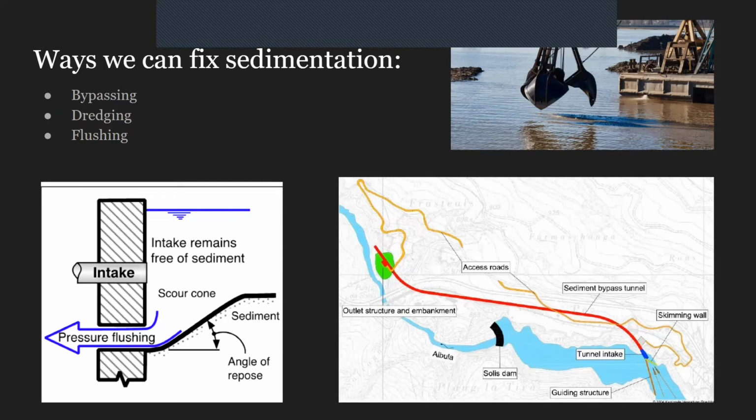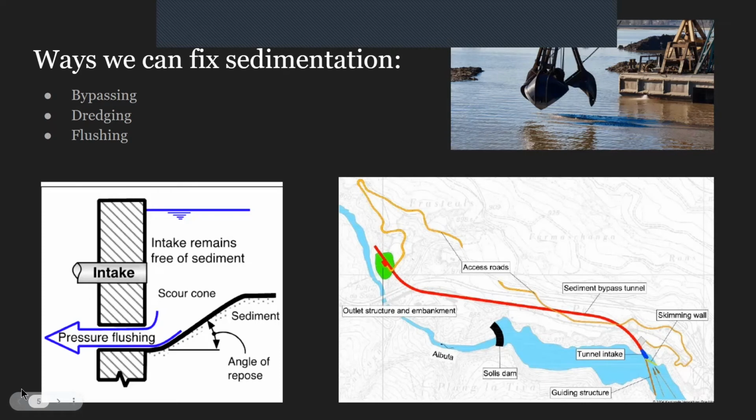Another way is sediment bypass tunnels that collect the sediment-loaded water near the bottom of the river upstream from the dam and push it through a tunnel off stream, where it is reunited with the stream down here, and it is supposed to help with the buildup once it gets to the dam. There's also flushing, which is where they flush the sediments downstream through tubes installed in the wall of the dam during heavy rain events.